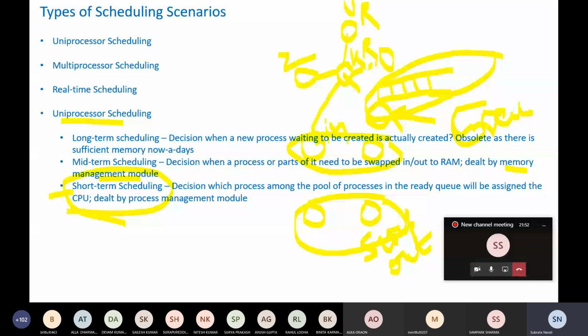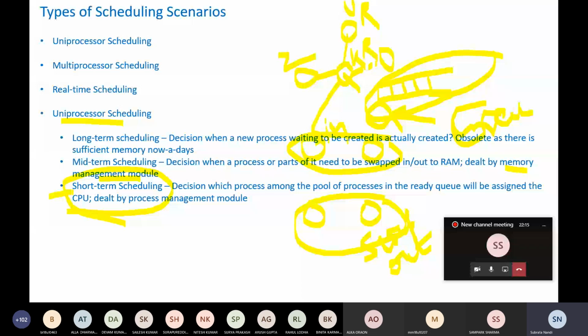You can always think of very sophisticated algorithms which might take a number of parameters and do nice things, but in reality you cannot really use those algorithms, because if the scheduling algorithm takes too much time to find out which process is next, it will just eat up a lot of CPU time.